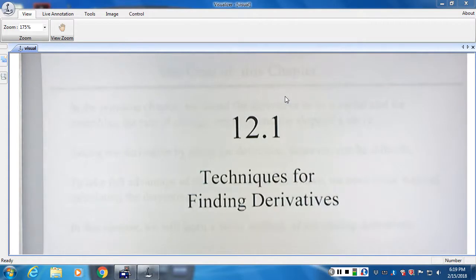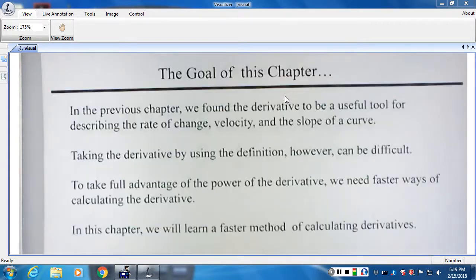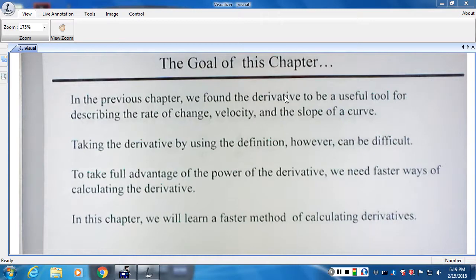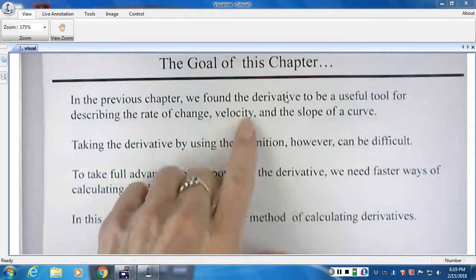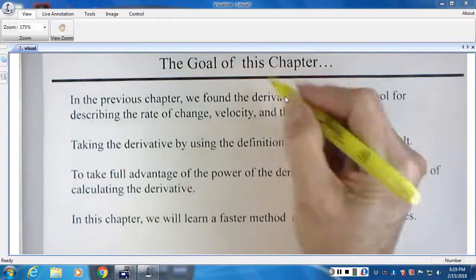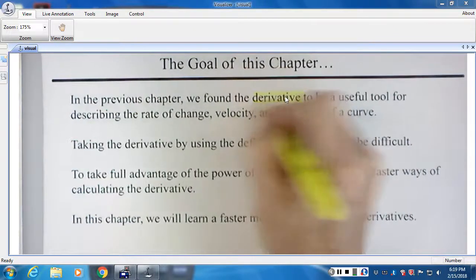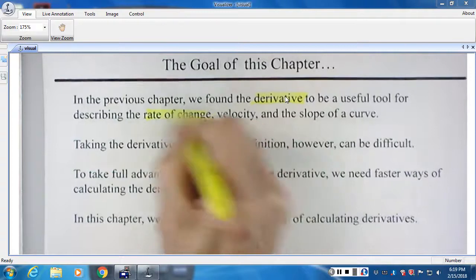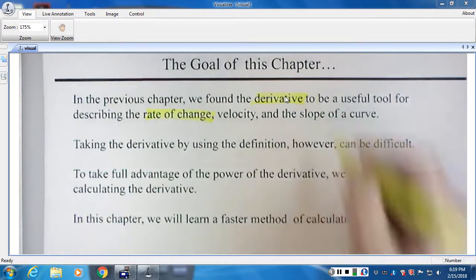Excuse me. So we're going to start out taking derivatives again. You're saying, oh no, I just did that. I don't want to do that again. But here's a little recap of why we even need to do this. What we found is the derivative is a useful tool because we use it to describe the rate of change or the slope of a curve.